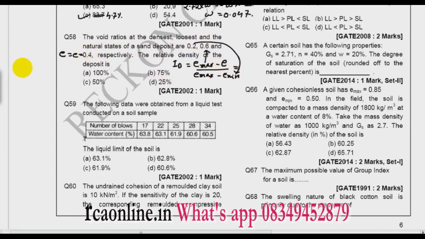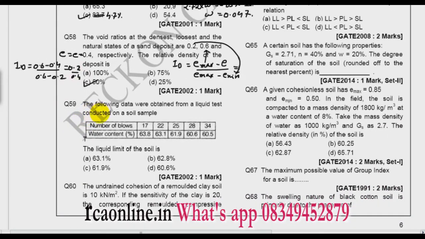So put the values, what you will get? e max is 0.6 minus 0.4 divided by 0.6 minus 0.2. That is the densest state. So simplify it, what you will get? It is 50%. Because this is 0.2 and this is 0.4.